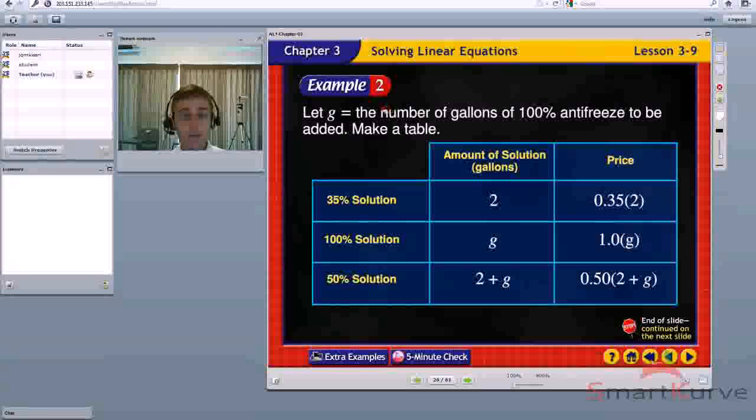Let G equal the number of gallons of 100% antifreeze to be added. Make a table. We have the 35% solution. The amount of solution is 2 gallons. The amount of antifreeze is 0.35 times 2.